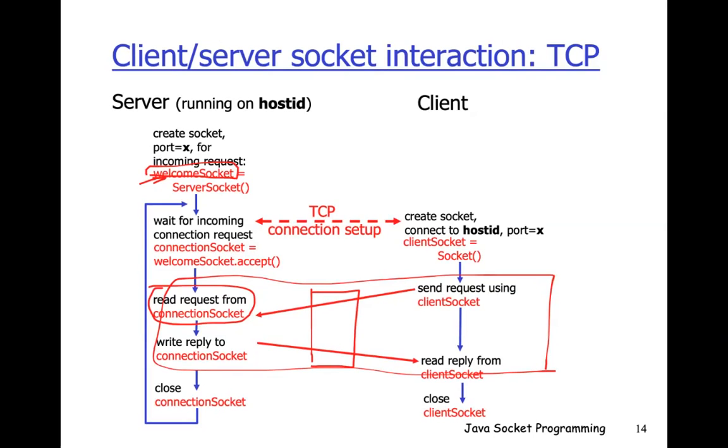Here, you can treat it like I create a pipeline channel for both sides to read and write. And then when the client closes its socket and the server side closes the socket, the welcome socket will work again. It's not blocked in the process. It will listen to the channel again and wait for the next connection.